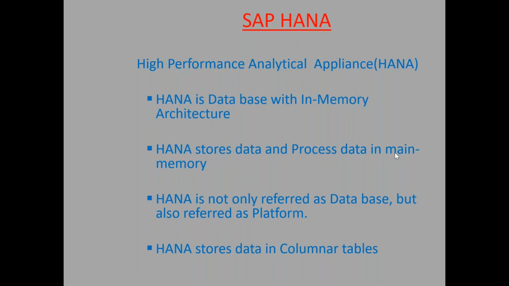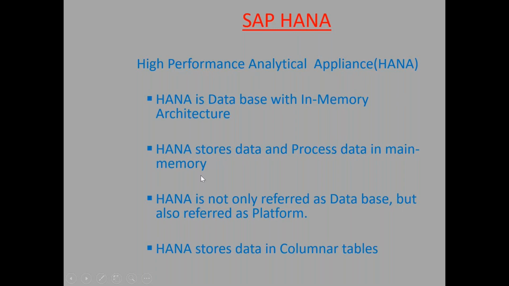It doesn't mean that every piece of data is stored in the main memory. We have options of specifying which data has to be in the main memory, and which data has to be in the secondary memory, which is the hard disk. So that is HANA.